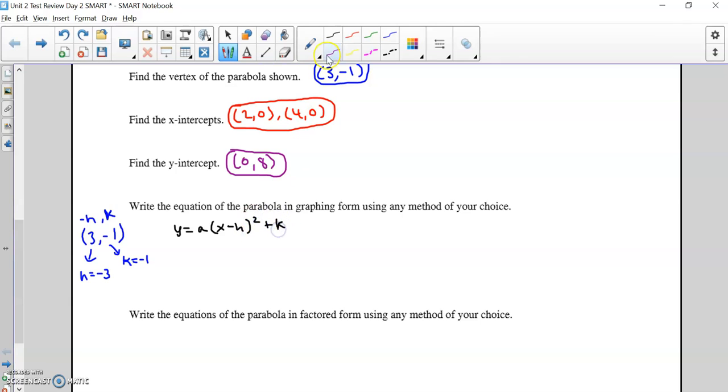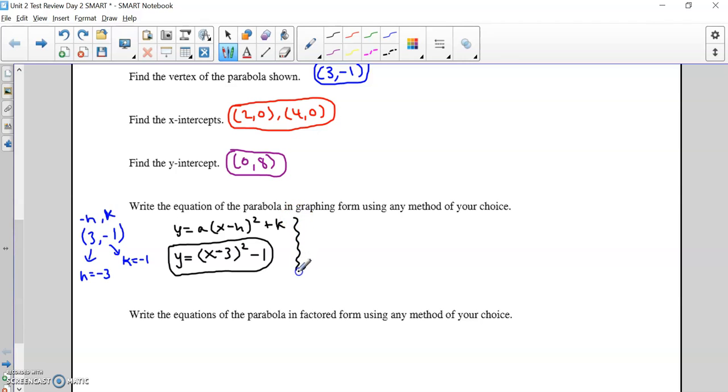So when we fill in our information, we know that it will be... Also, we don't have to worry about the a because we can assume that it's just going to be 1 in this case. But we'll have x minus 3 because our h is -3 squared, and then k is -1, so -1. And that is the quick way to find this equation.